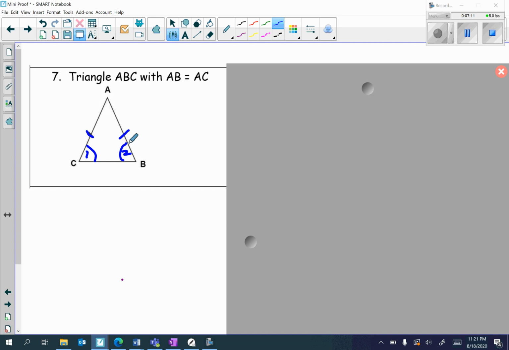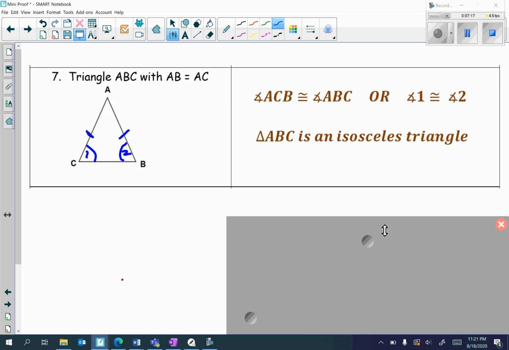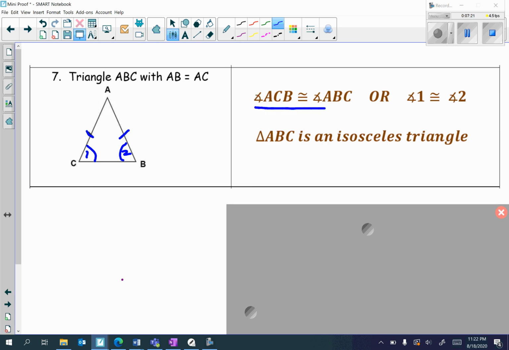If I have a triangle with two sides that are congruent and the base angles are congruent, I know it's an isosceles triangle. So my conclusions are, I can either write out the angles, angle ACB is congruent to angle ABC, or I can label them 1 and 2, which I think is easier, and triangle ABC is an isosceles triangle.